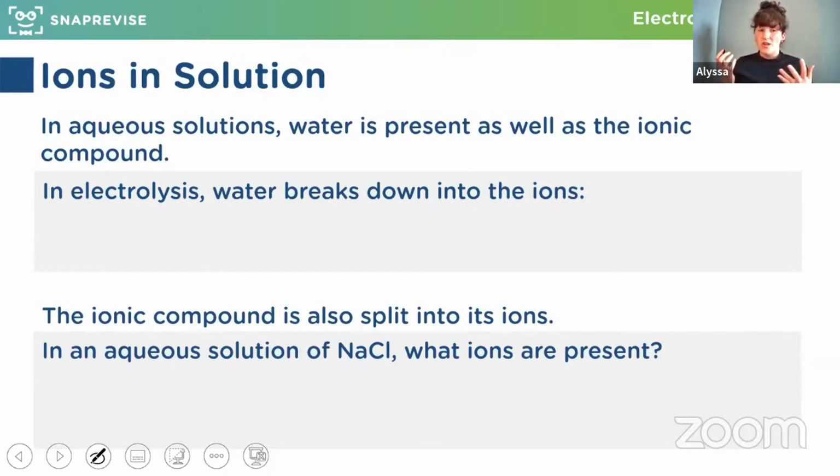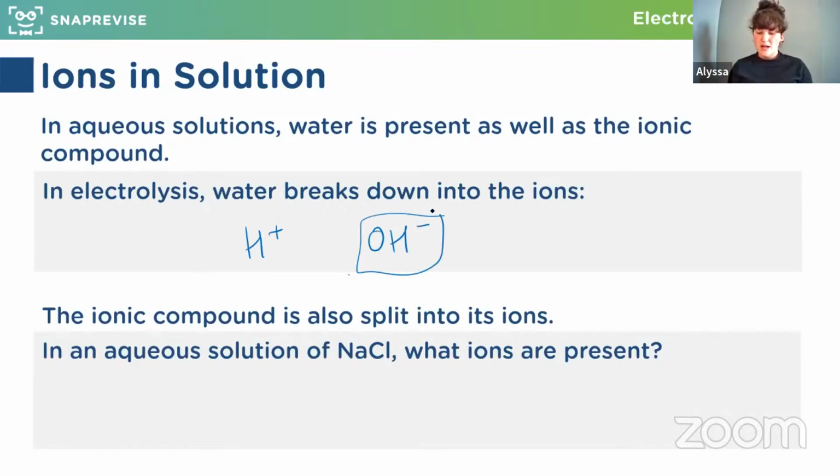Now, water, one of the reasons it's so awesome and is vital for life is because it breaks down into H+ and OH- ions. Okay, just note this is something that students often get wrong. We often remember that it's H+ ions, very good, but the other ion is OH-.